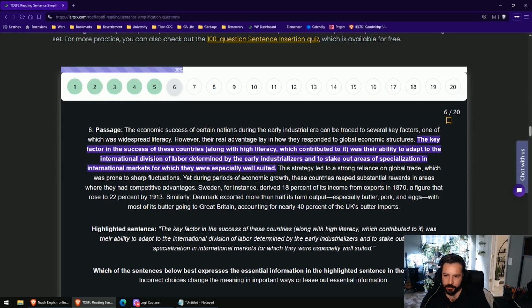The key factor in the success of these countries, we don't care which ones, and I'm going to skip what's inside parentheses to make it easier to read. The key factor in the success of these countries was their ability to adapt to the international division of labor determined by the early industrializers and to stake out areas of specialization in international markets for which they were especially well suited.